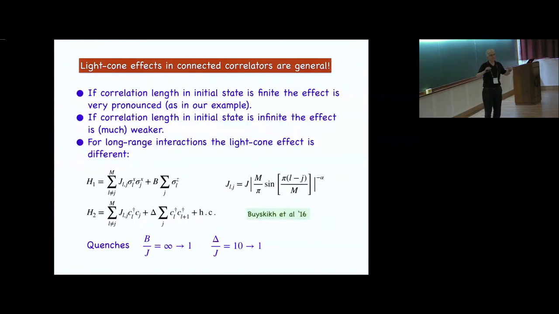So let me address what happens in the quantum case for models with long-range interactions with regards to this light cone effect. Precisely, it is, but with long-range interaction, long-range hopping. Yeah. So this is from a paper I wrote with some collaborators a couple of years ago. So if you want the details, you can look at it in the archive.